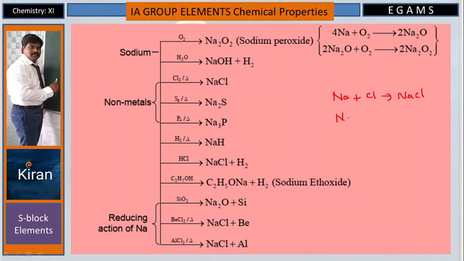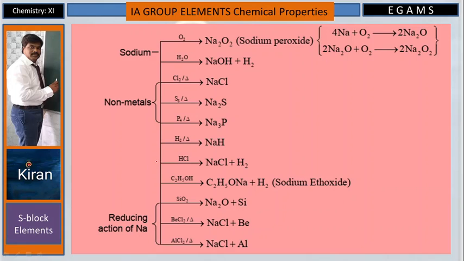Same way, sodium reacts with sulfur, you can expect sodium sulfide. When sodium reacts with phosphorus, sodium phosphide. Sodium reacts with hydrogen, sodium hydride. Ides always form when sodium reacts with non-metals.